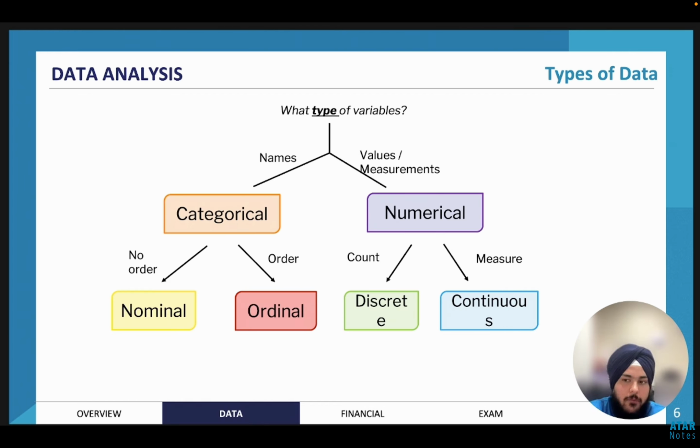Furthermore, for categorical variables, we have nominal and ordinal categorical variables, where the nominal variables have no particular order, whereas the ordinal variables usually have an associated order. And for numerical, we can have discrete and continuous numerical variables, with discrete numerical variables being variables that we usually count, and continuous numerical variables usually being those that we measure.